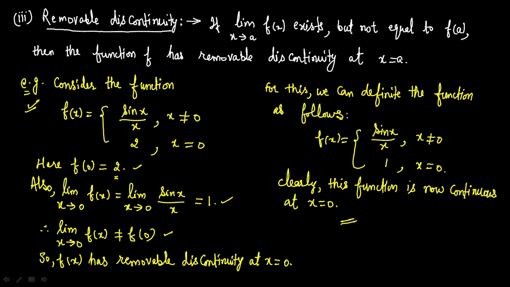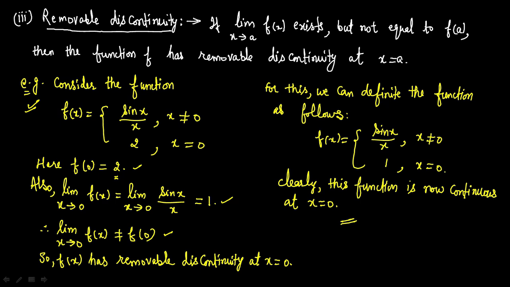So dear students, what is the meaning of this removable discontinuity? It means we can define this function in another way, and if it is possible to define the function in another way such that the function becomes continuous at that point, in that case only we can say that this point is a removable discontinuity for the function. So that's why now we redefine the function.